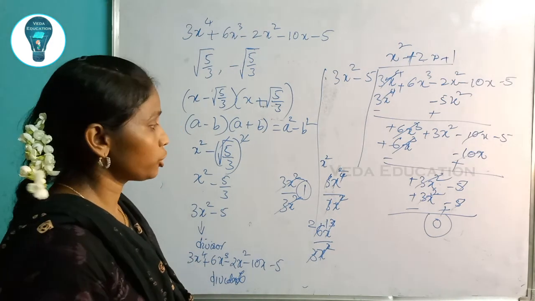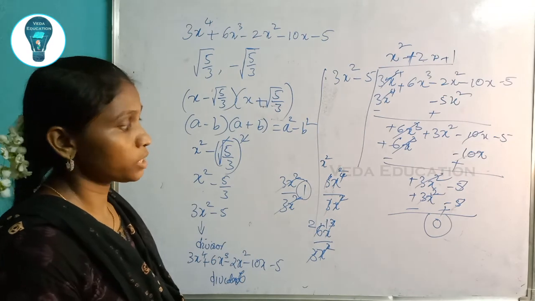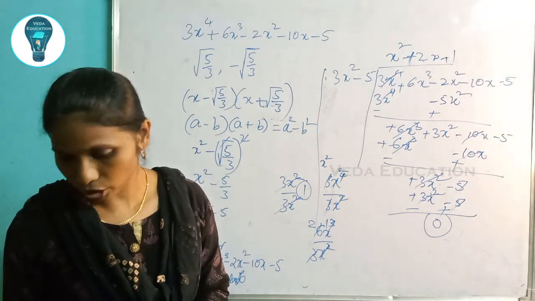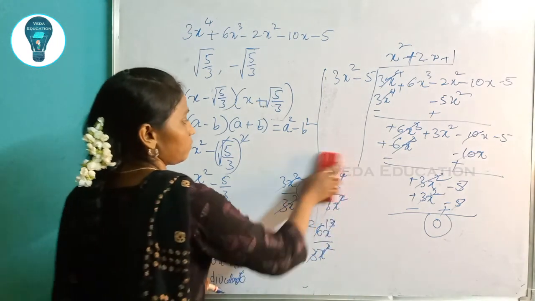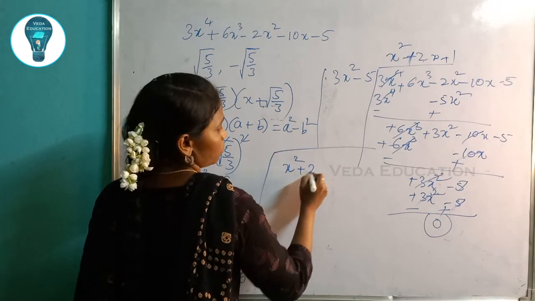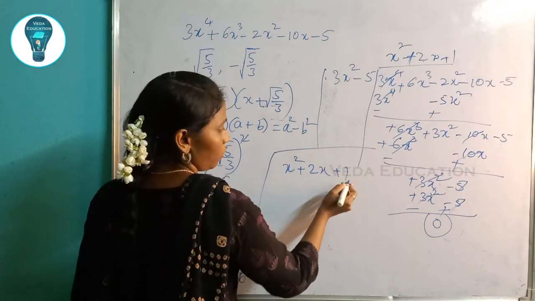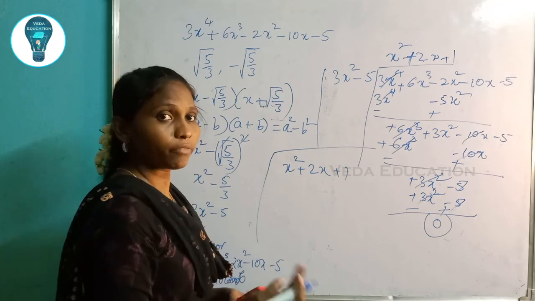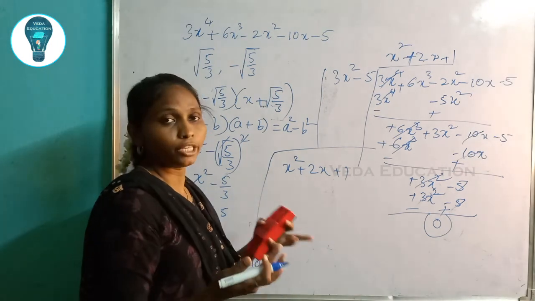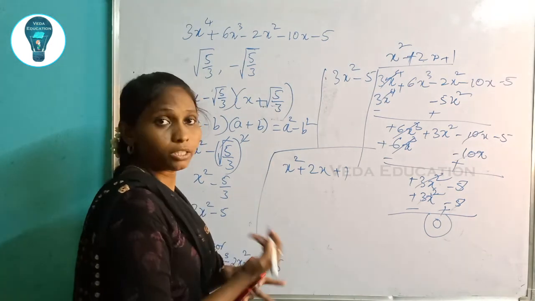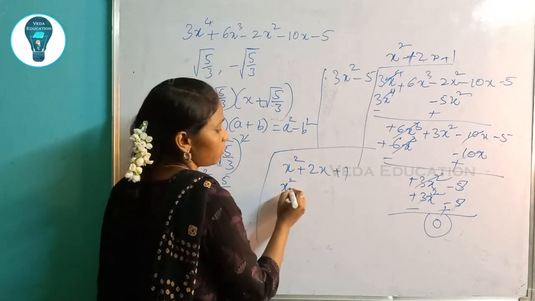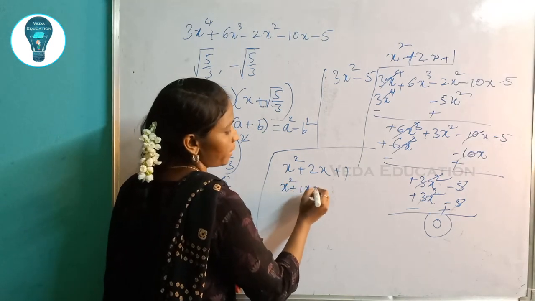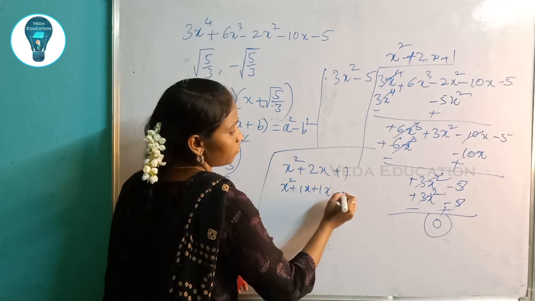Now the quotient part is x square plus 2x plus 1. So for the quotient part, do factorization. x square plus 2x plus 1. Now the factors of 1 are 1, and to get 2, 1 into 1 gives 1, so 1 plus 1 is 2. x square plus 1x plus 1x plus 1.